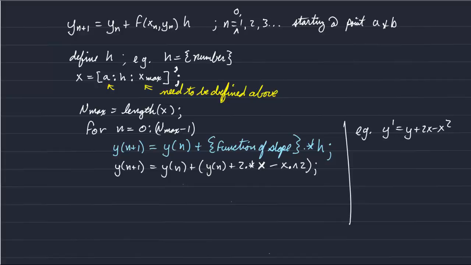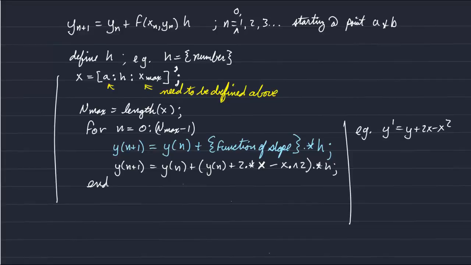Oh, and of course I have to multiply it by our step size. And then we end it. And so this would produce solutions at each of the points all the way up to x max. This is basically the essence of a code that applies Euler's method.